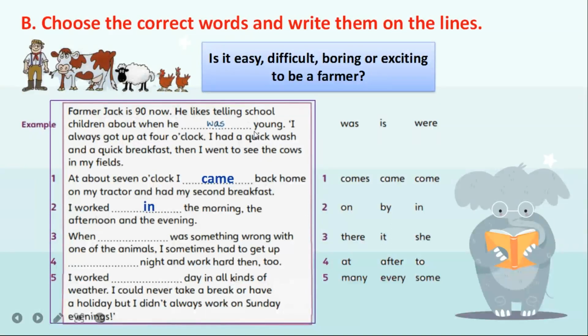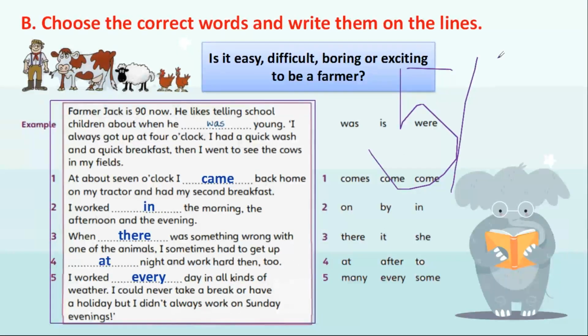When there was something wrong with one of the animals, I sometimes had to get up at night and work hard then too. I worked every day in all kinds of weather. I could never take a break or have a holiday, but I didn't always work on Sunday evening.